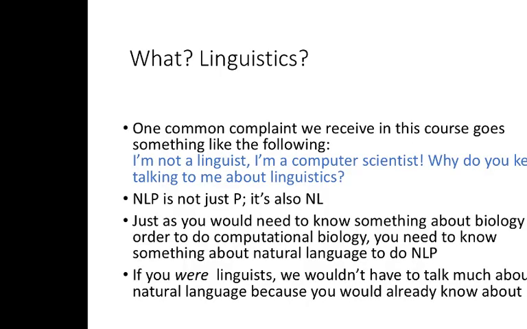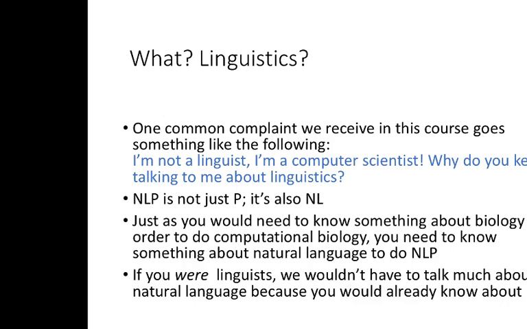So one complaint that we sometimes get in this course is that there's too much linguistics. So the book, you'll notice, has a lot of linguistics. And I have a lot of linguistics in me, too. And sometimes people say things like, I'm not a linguist, I'm a computer scientist. Why are you talking to me about linguistics?